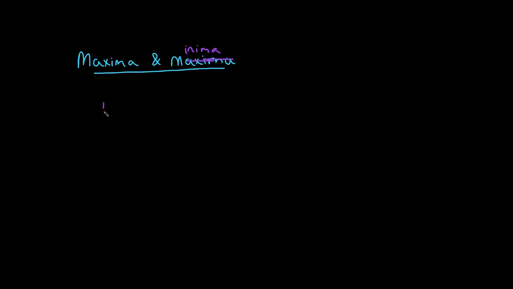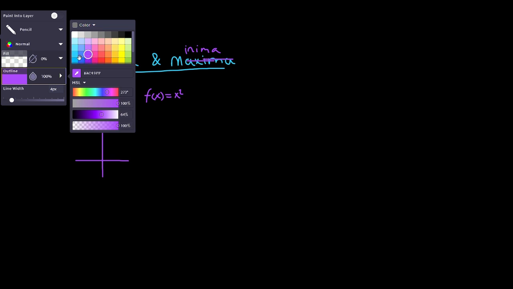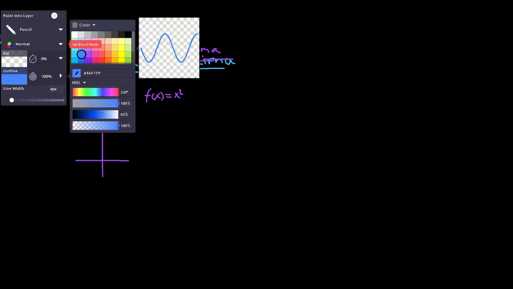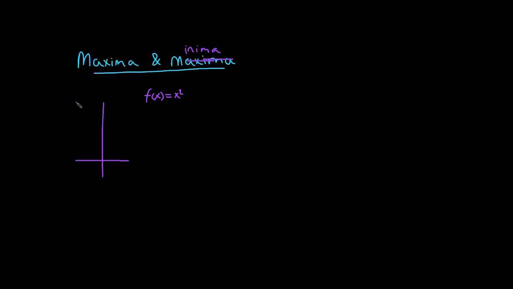Well, let's take a very basic function, f of x equals x squared. If you were to graph this out, you'd get something like this. And we can see that this has a minimum value, where the graph is lowest.